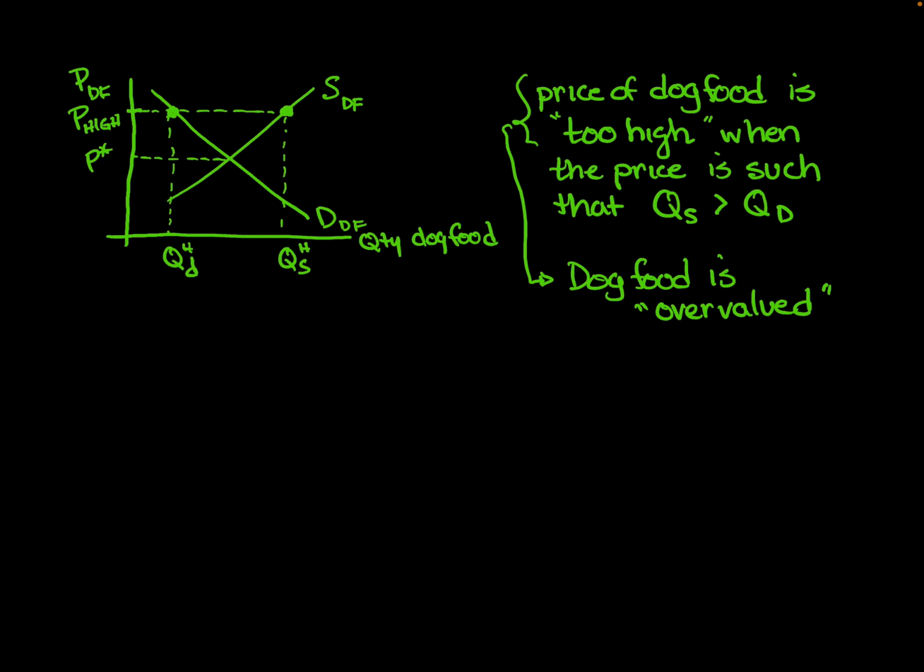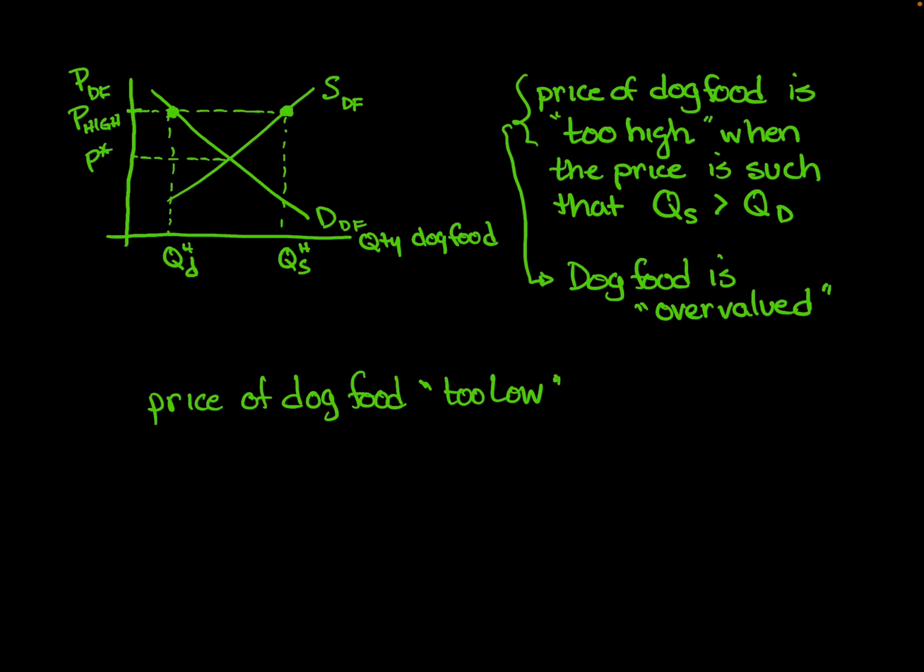Meaning that the number of dollars that it takes to get a pound of dog food is too big. Similarly, we would say that when the price of dog food is too low, right?